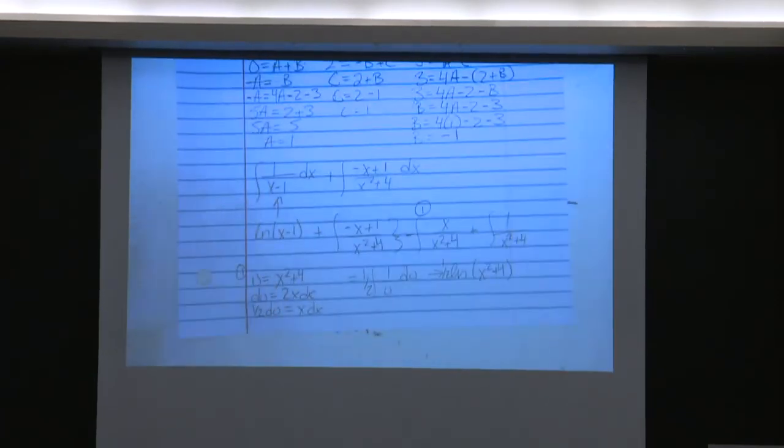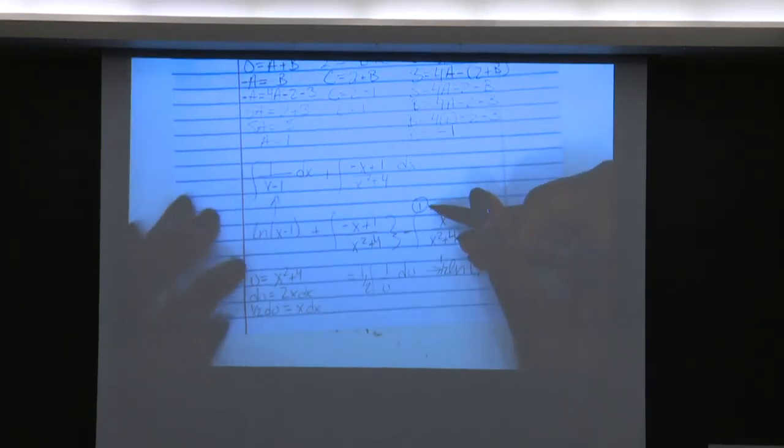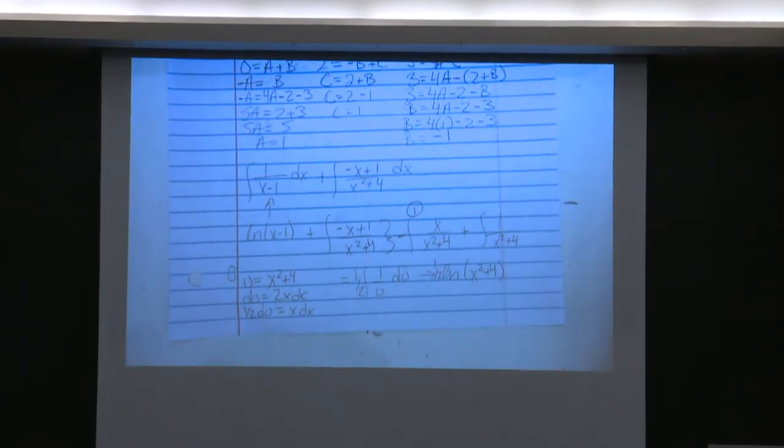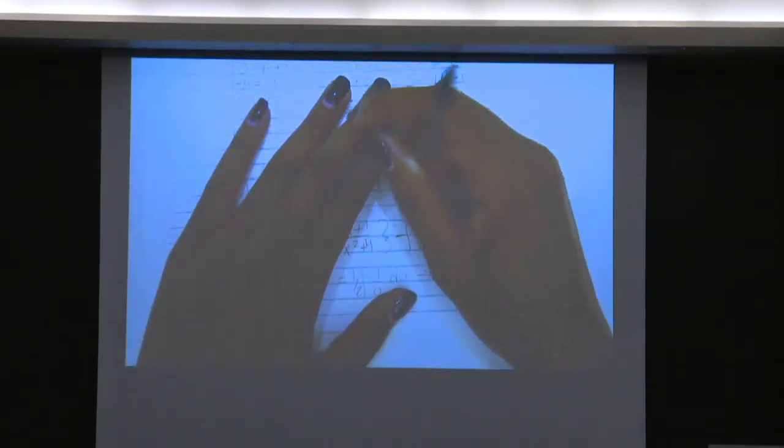Yes? Why is there a 1 above that integral right there? There's a 1 because I was just letting you know where I was doing my u for. It's just to notify you. Does that confuse? Yeah, that's in a bad spot, so let me move that.